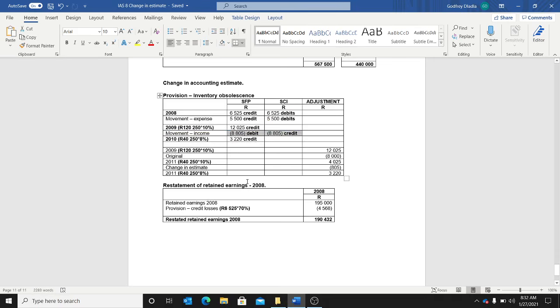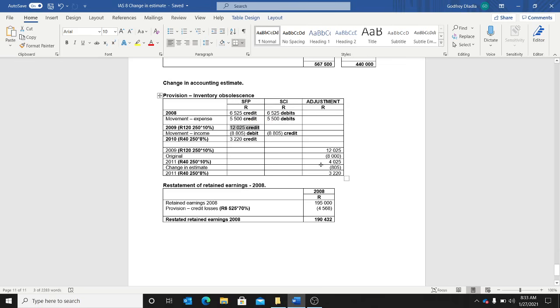Now, let me show you how, remember, a change in estimate, when it comes to provision, only affects the current year. The future becomes 0. Now, let me show you how you account for this change in estimate. Let's look at the figures here. In 2009, your balance sheet was reflecting this amount here.